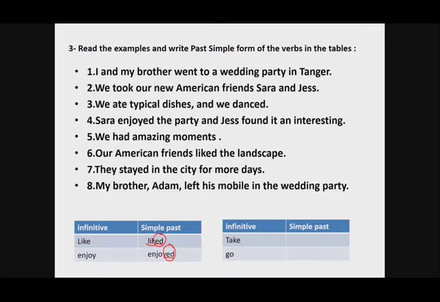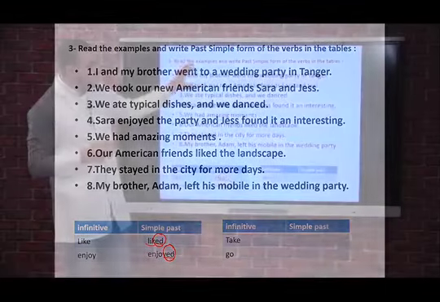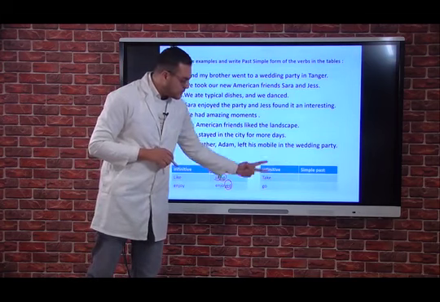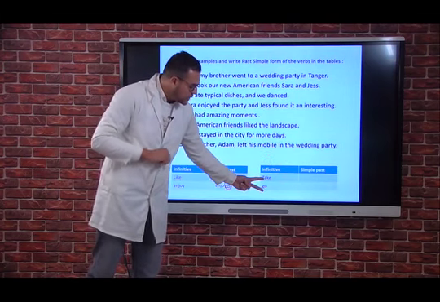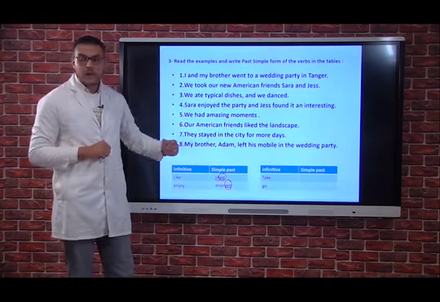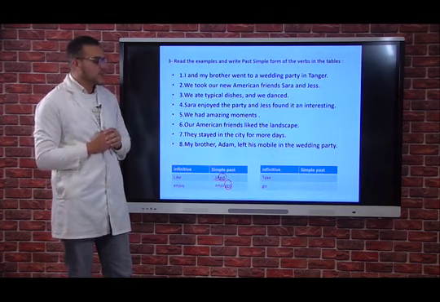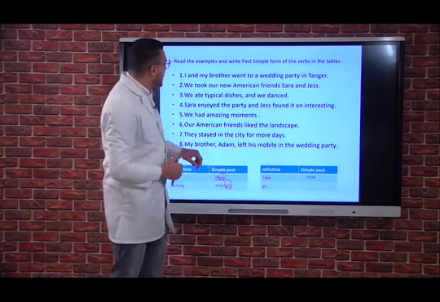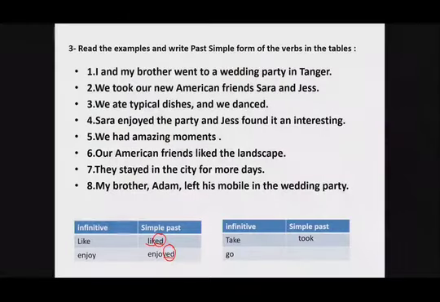We have two verbs, take and go. So I need you to find out in these statements the simple past form of these two verbs. So we have take and we have go. What do we say in the first one? In example number 2, we say took.